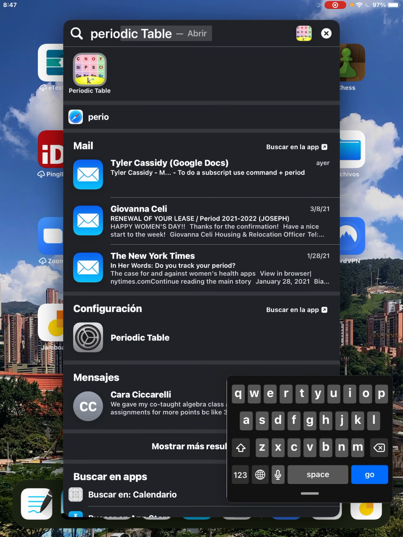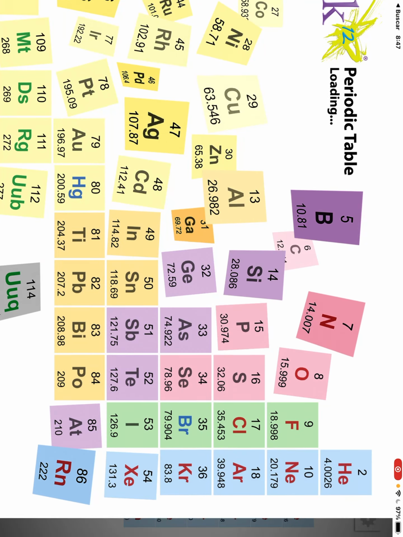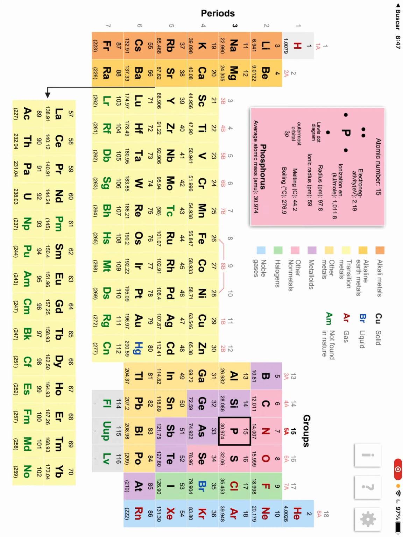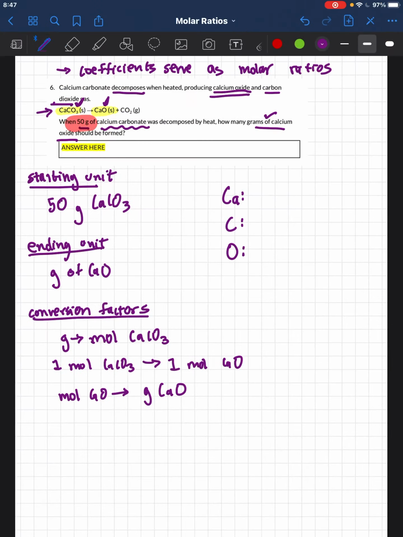You should, of course, use the periodic table that you have in your data booklet. Calcium is 40.08 grams per mole. Carbon, I happen to know this one off the top of my head, is 12. Oxygen is 16 times 3.